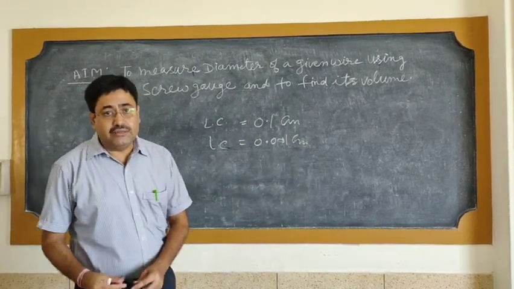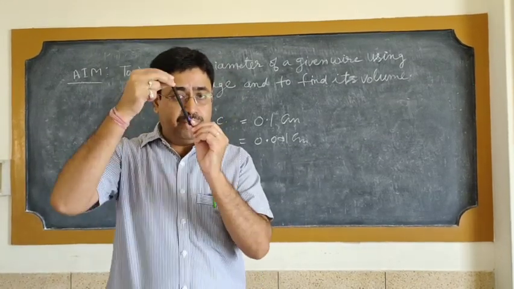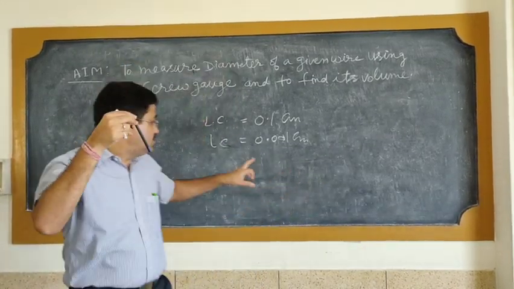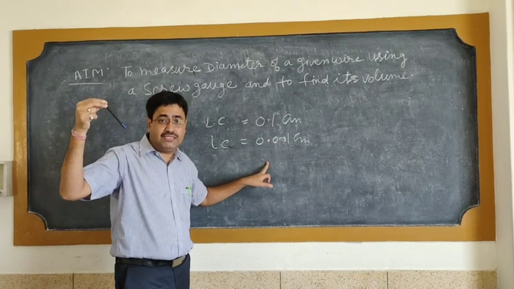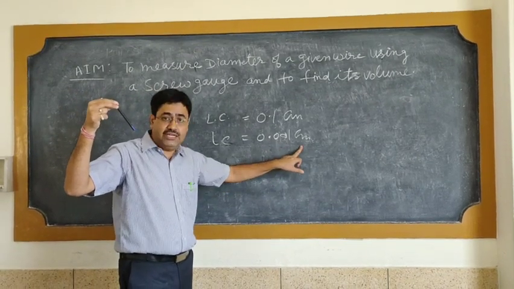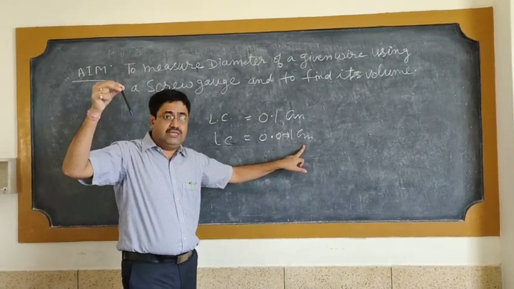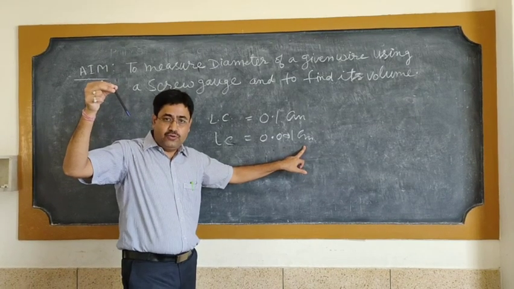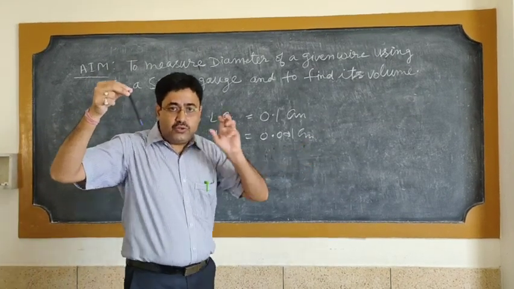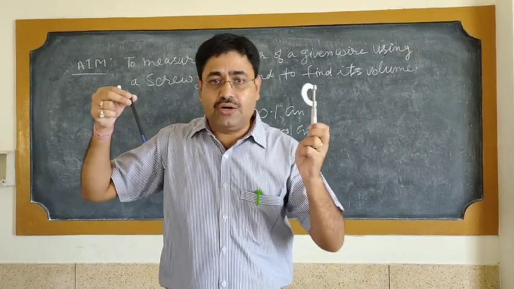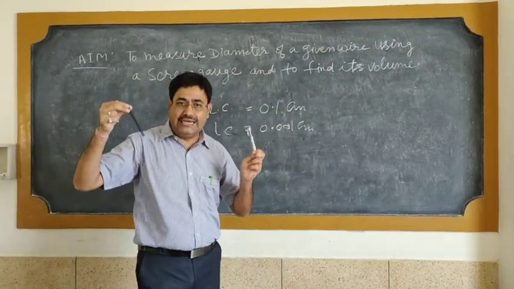It means if we measure the diameter of this pen with an instrument having a least count of 0.001 centimeter, I think its accuracy is much greater. That's why the screw gauge has a least count of 0.001 centimeter.